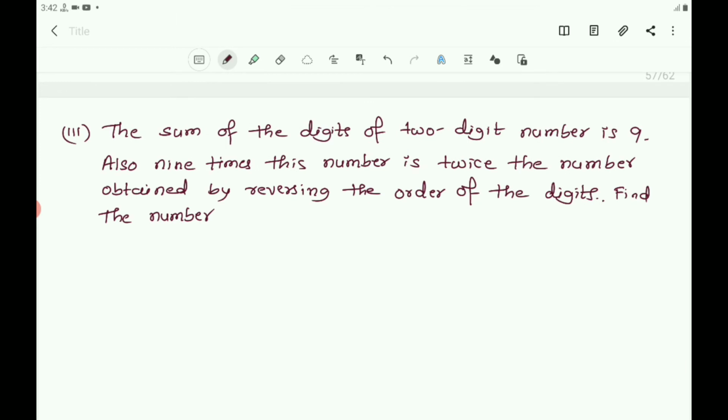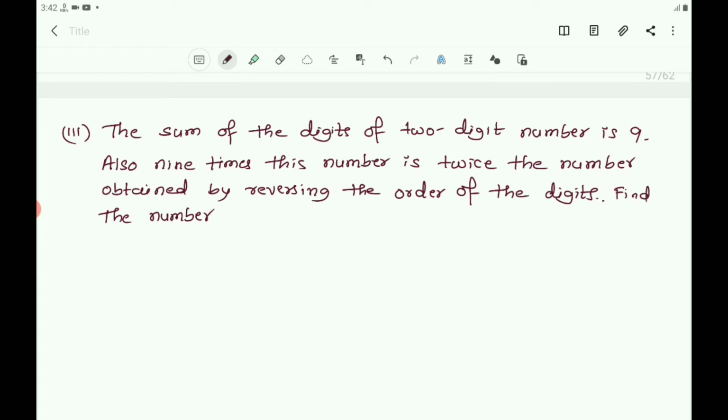Here, the sum of the digits of a two-digit number is 9. Also, 9 times this number is twice the number obtained by reversing the order of the digits. Find the number.